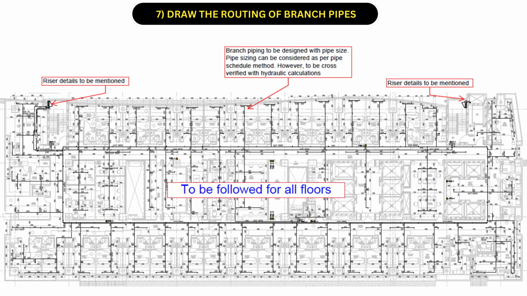So branch piping to be designed with pipe size. Pipe sizing can be considered as per pipe schedule method. However, we need to cross check the pipe sizing with the hydraulic calculations. We need to mention the riser details also in all floors.